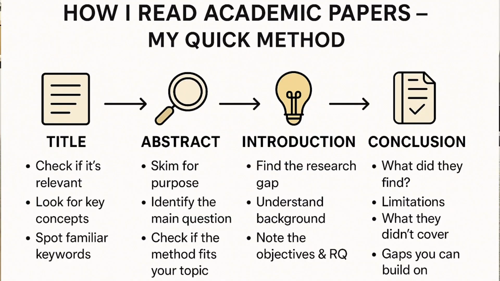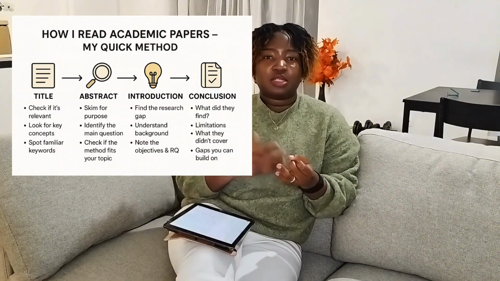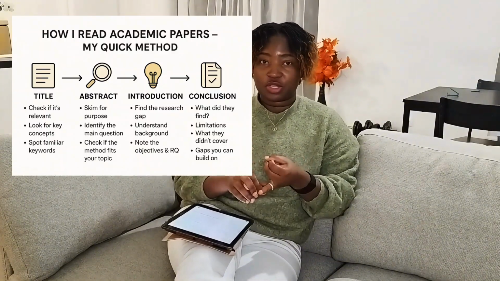In the morning I mentioned that when I'm doing the reading part of my literature review, I look at the title first, most importantly, and then I ask, does it have the keywords that I'm looking for? If yes, I go on to read the abstract. What are the general objectives, the results that they found? Is it visible in the abstract?